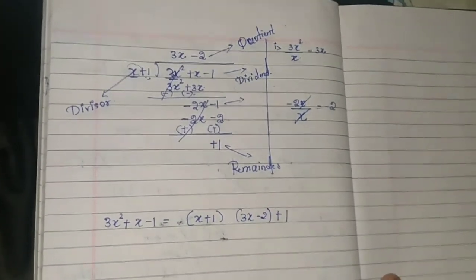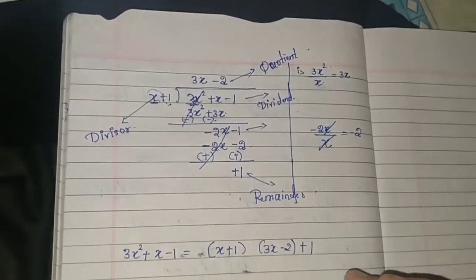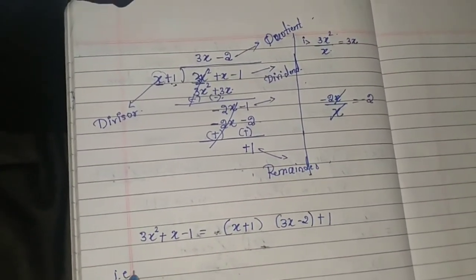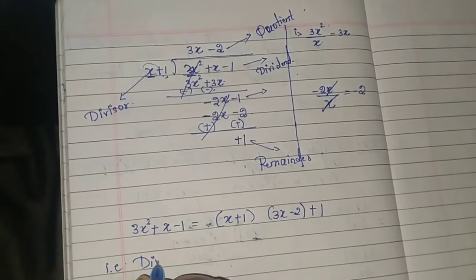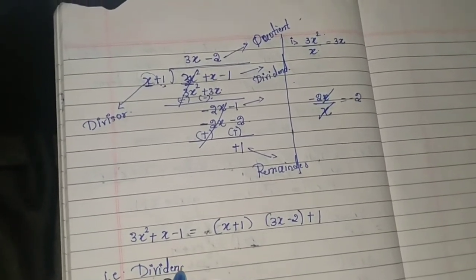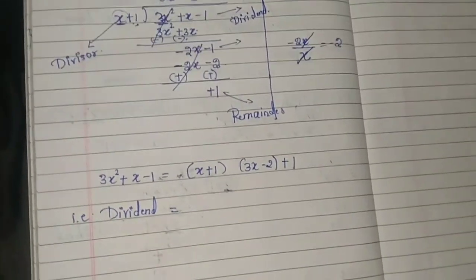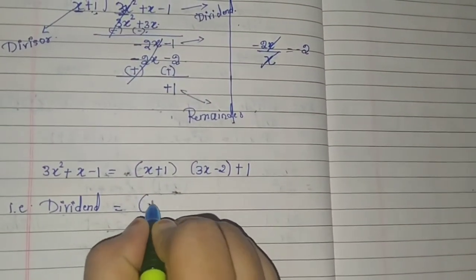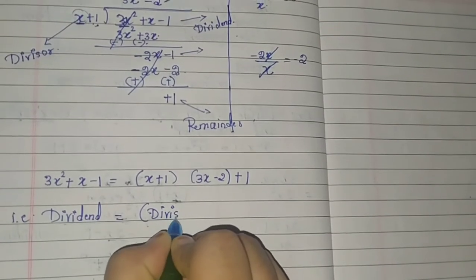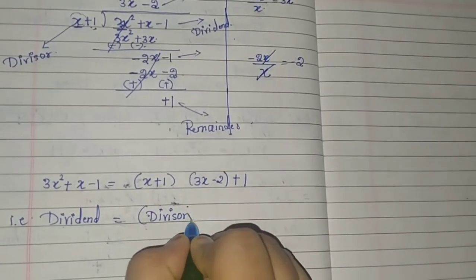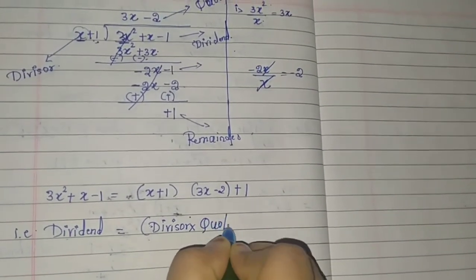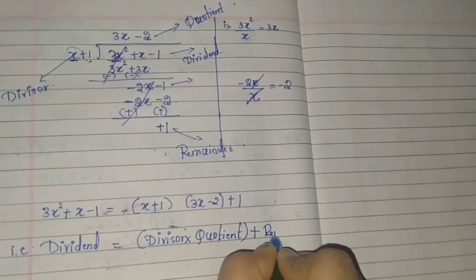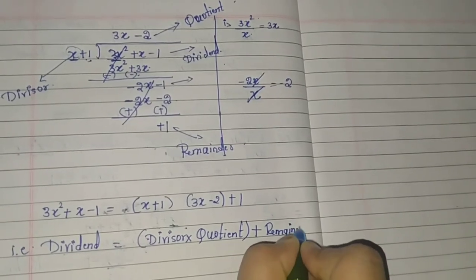Whenever you divide one polynomial by another polynomial, one rule holds. What is that? Dividend is always equal to divisor into quotient plus remainder.